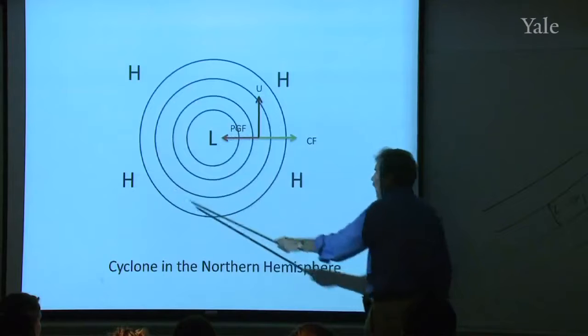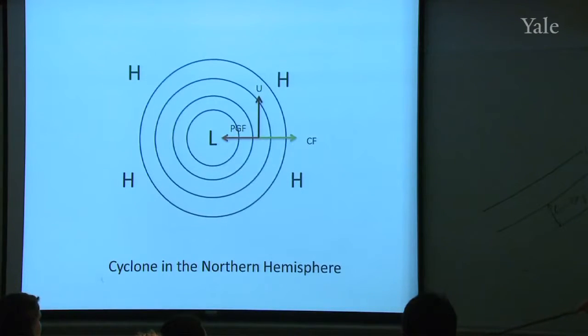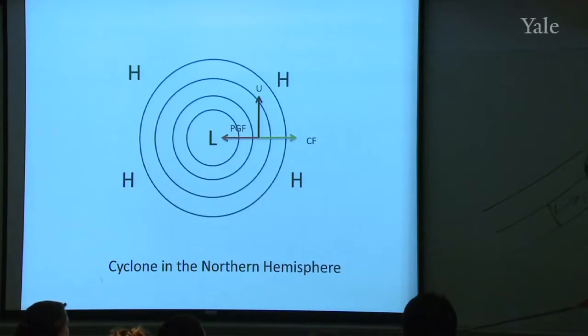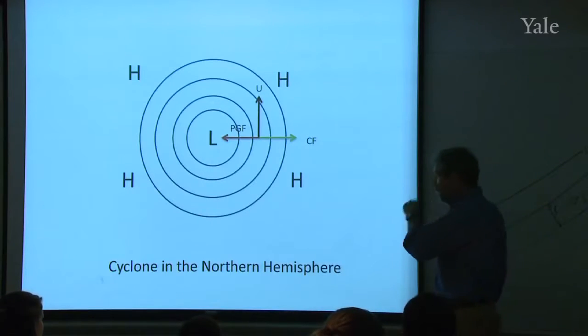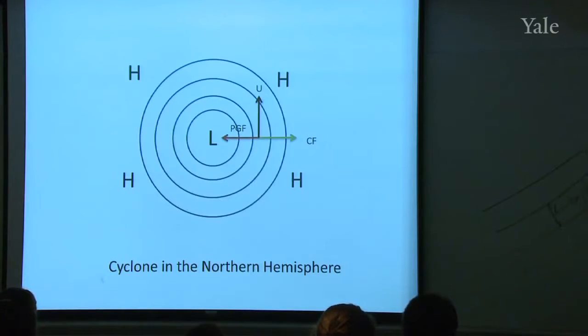So in fact, the air must be going around the cyclone in a counterclockwise direction if we're in the northern hemisphere. Is that clear? So low pressure, cyclone, northern hemisphere, air goes around counterclockwise. We say that's the cyclonic direction. The air is moving cyclonically around that low pressure zone.